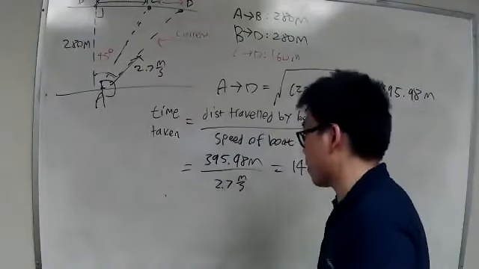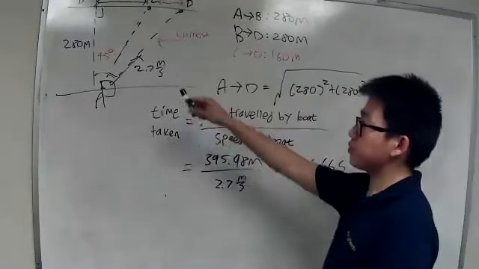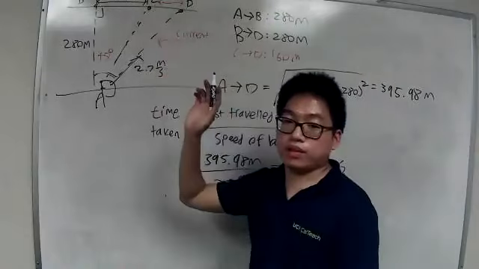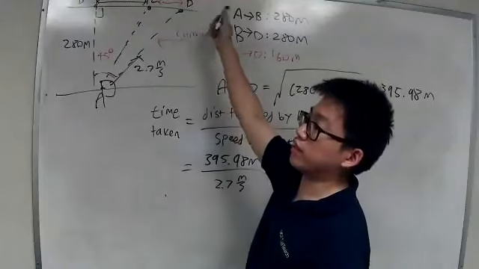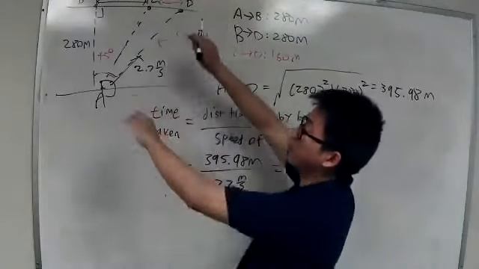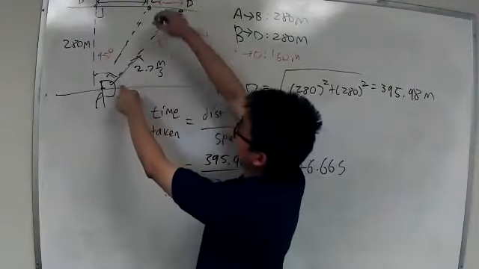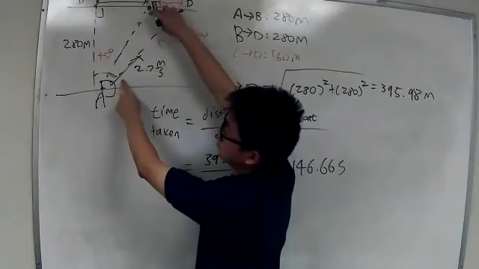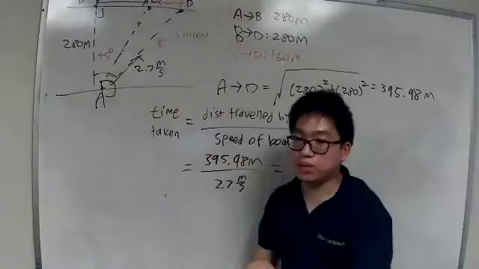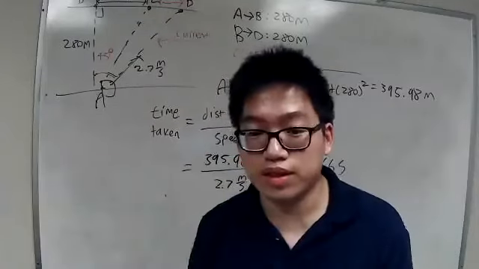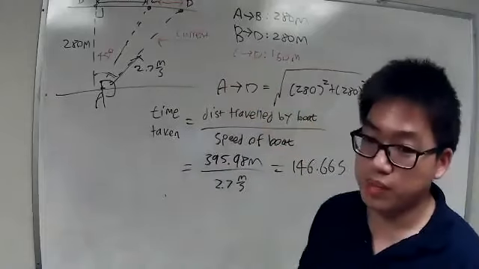So basically, what does that mean? The way we need to think about it is, he would have ended up here if there was no river current, but because there's a river current, now he has to angle it over there. He wanted to go here, but now he has to angle it here. I'll say one more time. If there was no current, he would just end up here. But because there's a current, now he's over here. So you can say that this 160 meters is due to the water. It's because of the water that 160 meters exists.